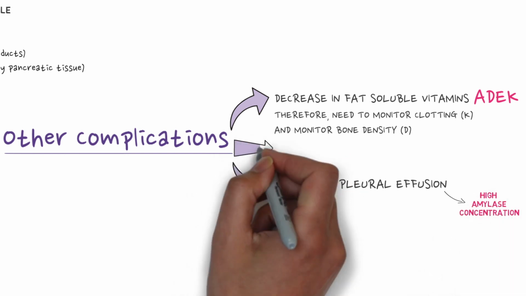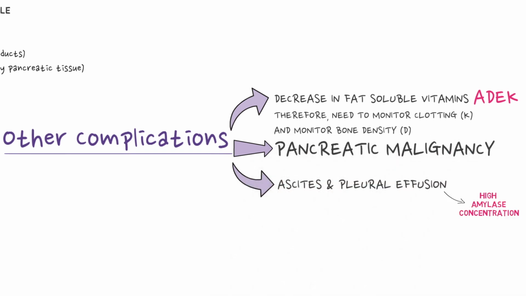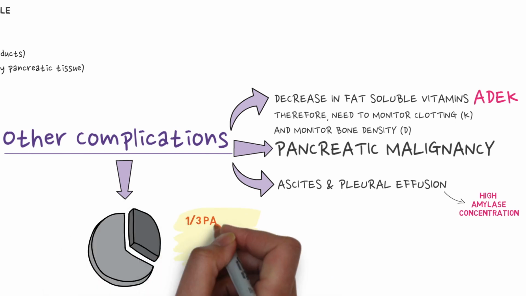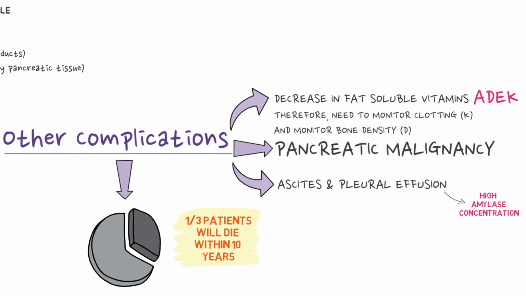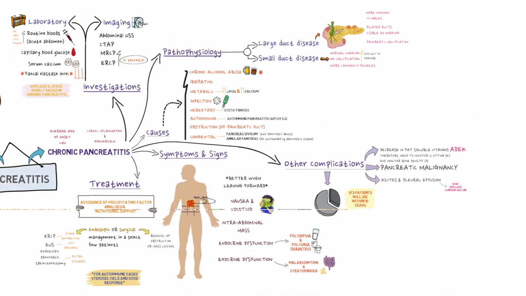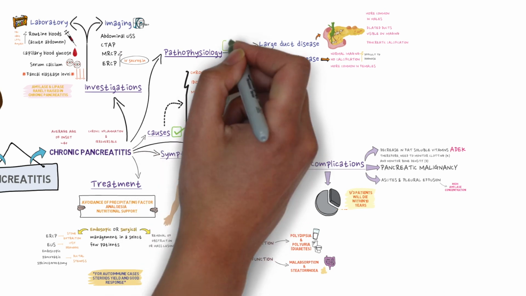Another important complication of chronic pancreatitis is pancreatic malignancy. In general, the quality of life in these patients is poor, and 1/3 of patients with chronic pancreatitis will die within 10 years.